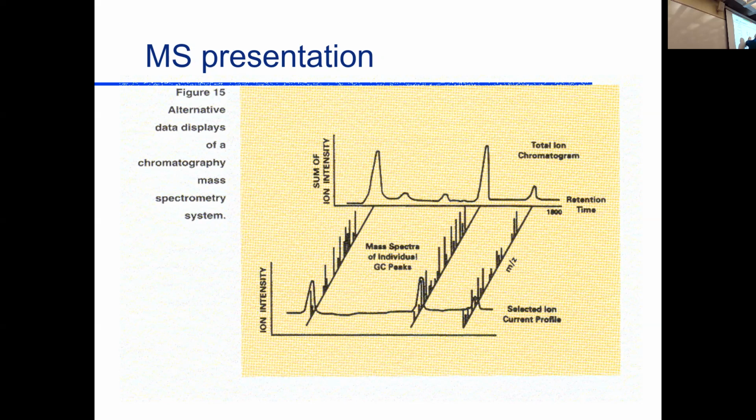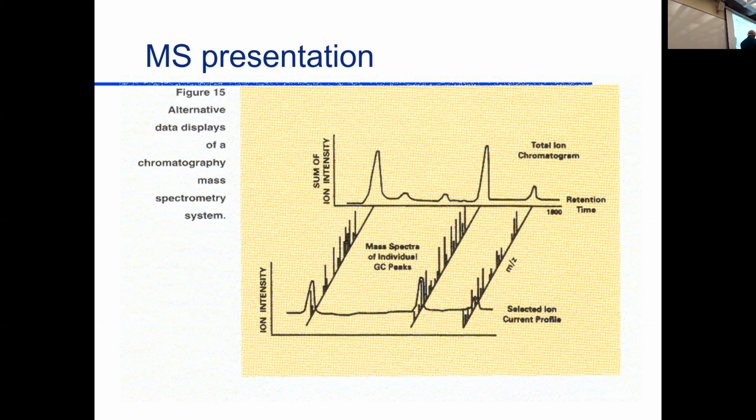It's saying, okay, I have a high ion concentration here, I go up, and now the ion concentration is going down. So it draws something that looks like a chromatogram, but it is based on the number of ions formed.